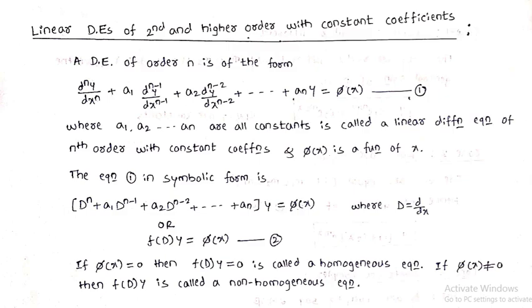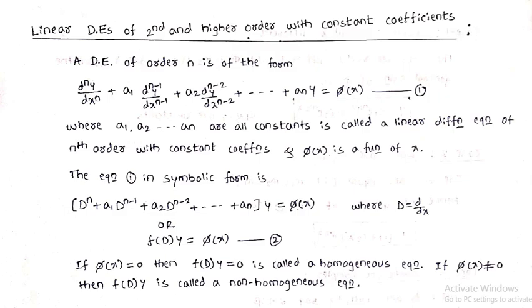Now we express equation 1 in symbolic form. In place of d/dx we denote capital D. So d^n/dx^n becomes D^n, similarly d^(n-1)/dx^(n-1) becomes D^(n-1), and so on up to an y = phi(x).